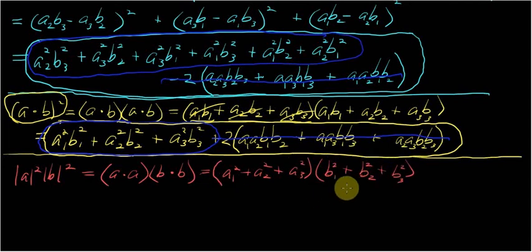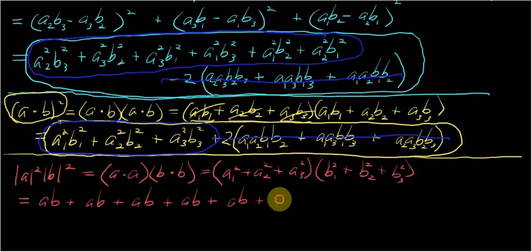And now I got a bunch of distribution to do, but this one isn't as bad. You're going to end up with 9 AB terms. So 1, 2, 3, 8, 9. And so if we look at this first term here, it's going to get used 3 times because it's going to be paired with B1, B2, and B3.